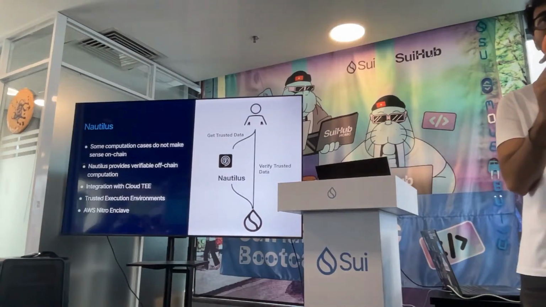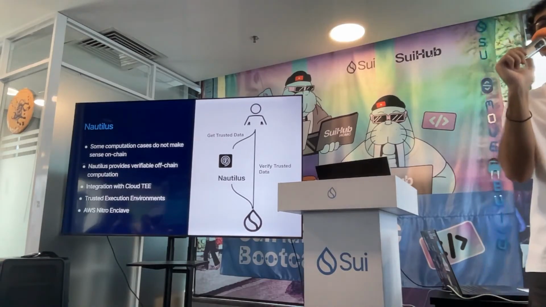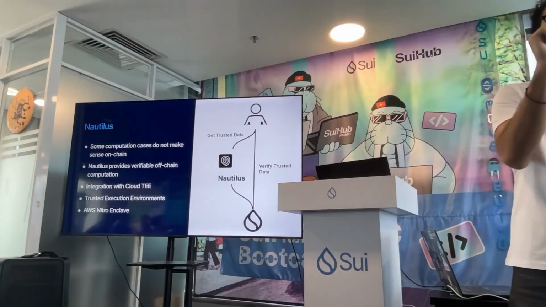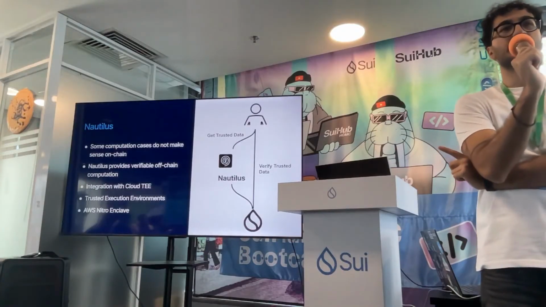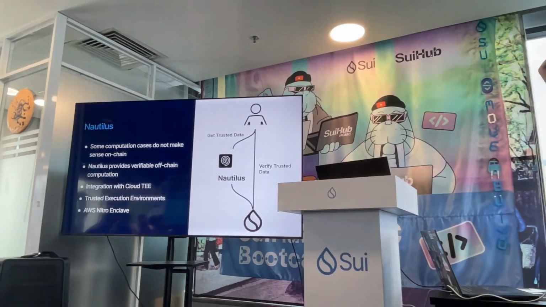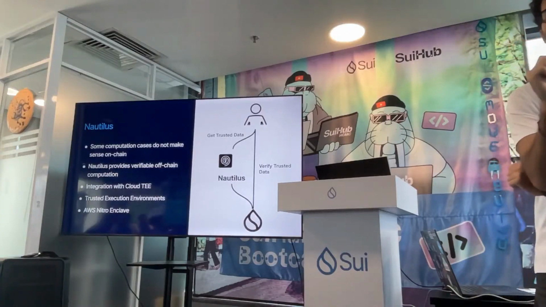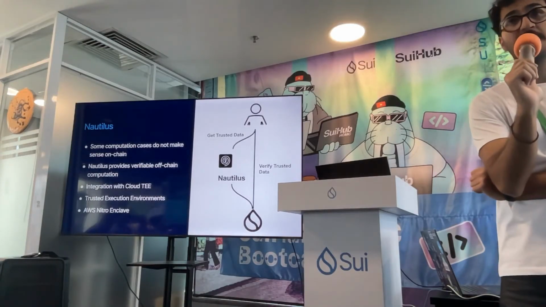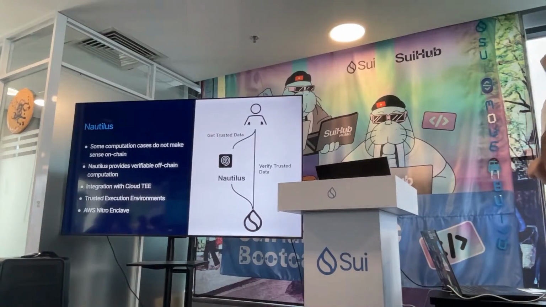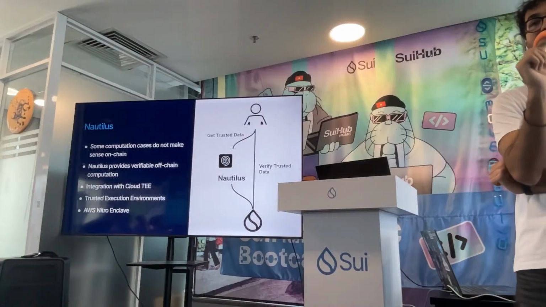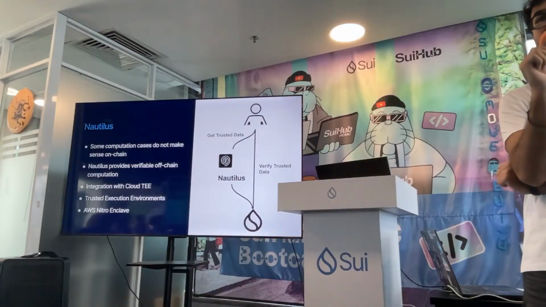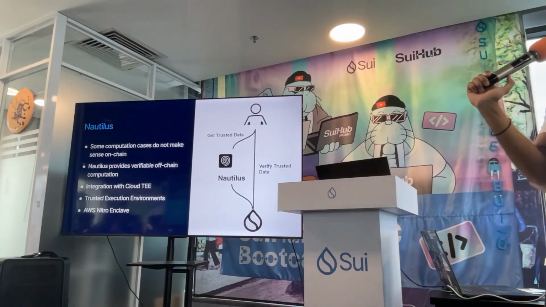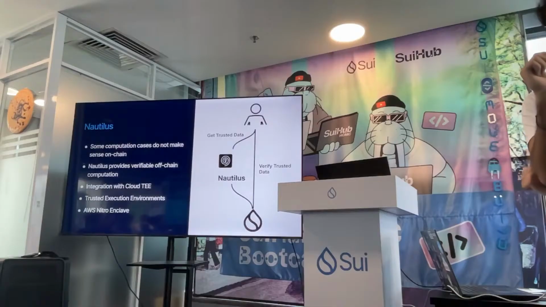So what that means is that sometimes we have to move some logic off-chain, some computations and stuff like that. That's how Nautilus comes into play. Because we still need, for example, to run a really complex algorithm for our game on a backend that is not a smart contract, but we need to make sure that we are able to verify that this was still done the right way, and done in a trusted execution environment.